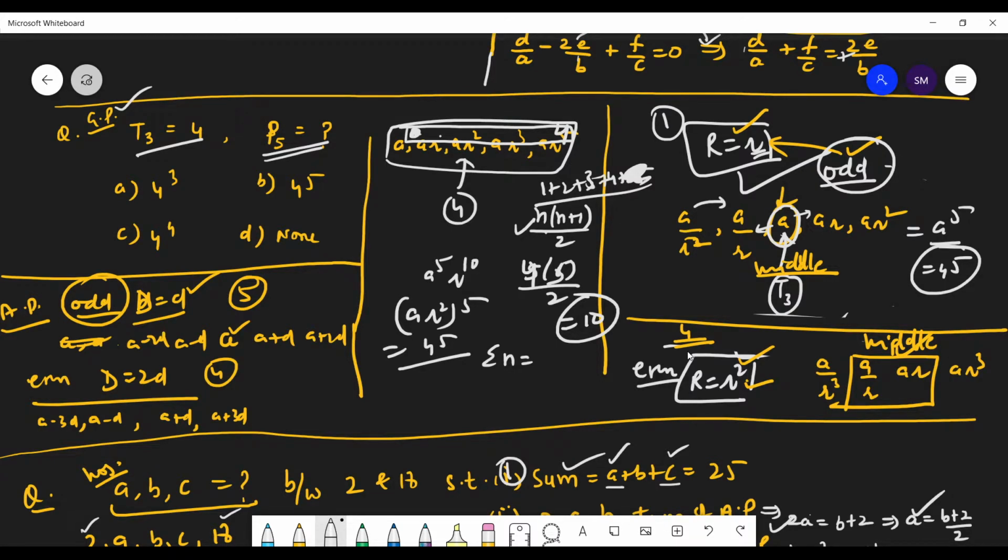So what are the three terms? Let us consider that these three are terms of a GP, because that's the only way to start this question. Let 27, 8, 12 be three terms of a GP.